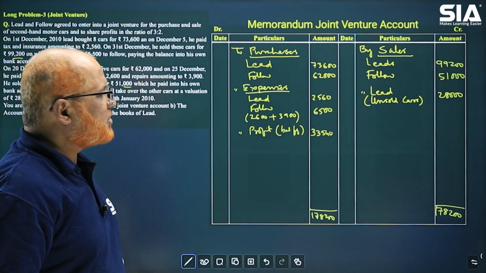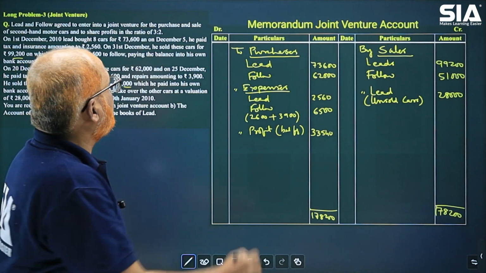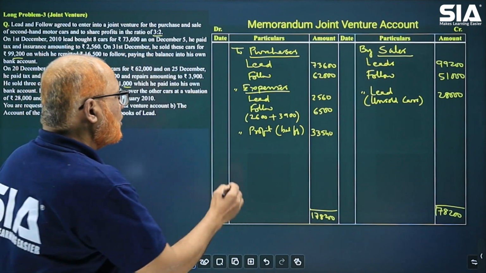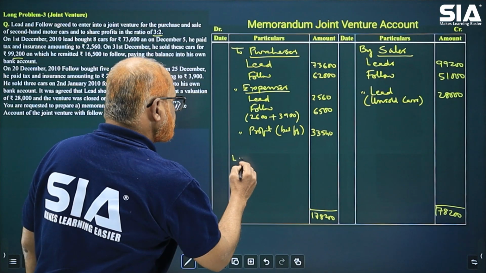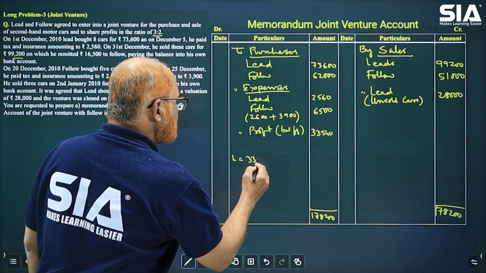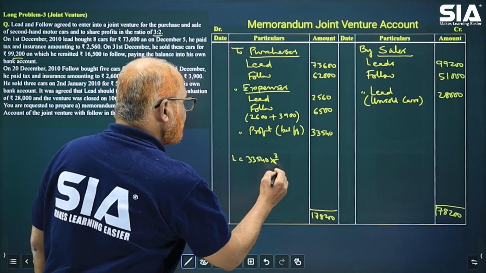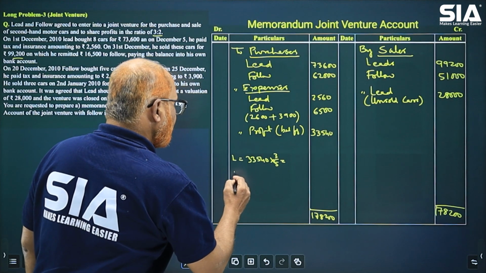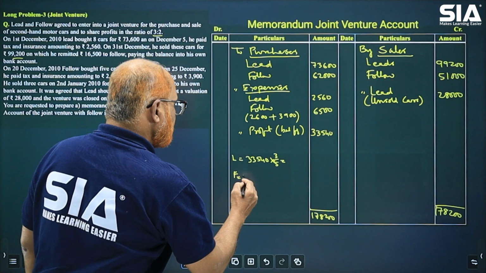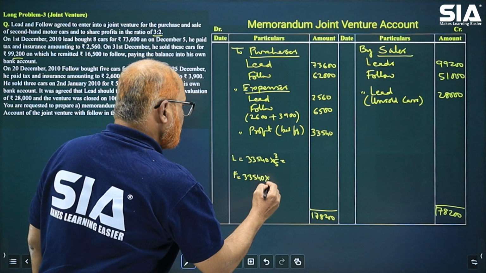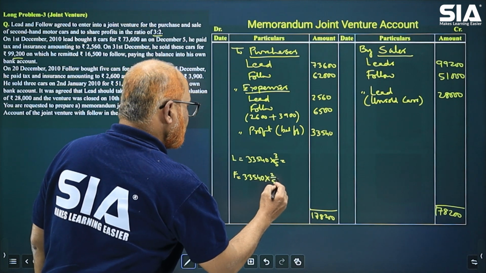Now this profit will be shared in the ratio of 3:2. Here it is given the profit sharing ratio is 3:2. The lead will get 33,540 into 3 by 5, and follow will get 33,540 into 2 by 5.